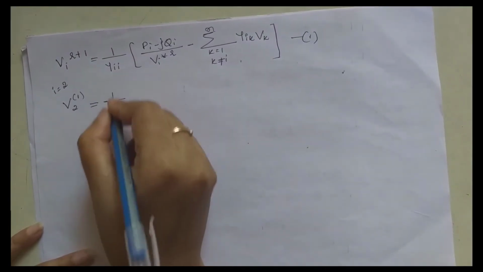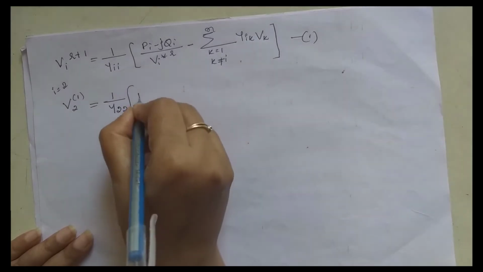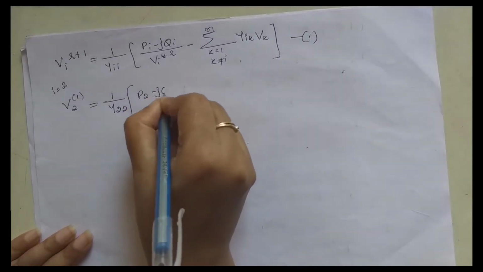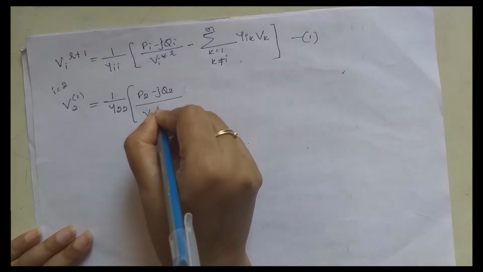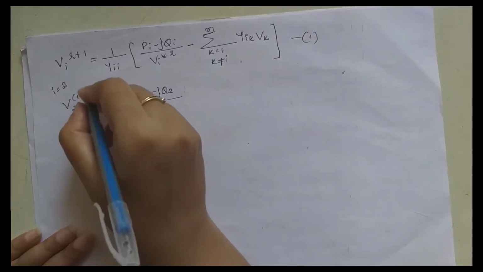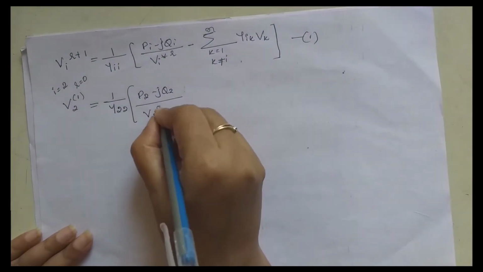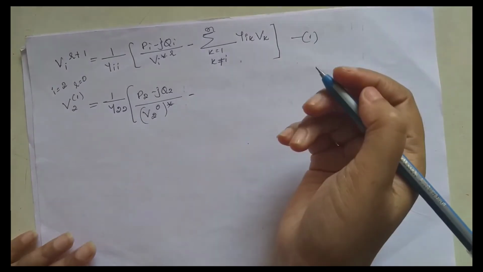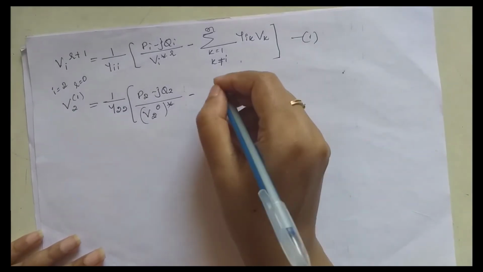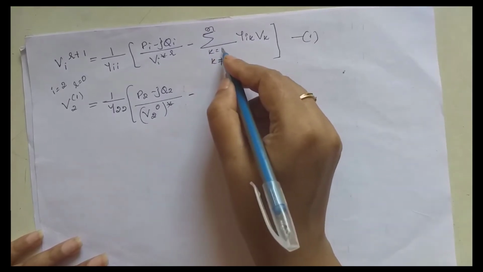1 divided by Y22 times (P2 minus jQ2 divided by V2. We are setting the iteration count r equal to 0. So V2(0) conjugate, minus summation k varies from 1 to n.